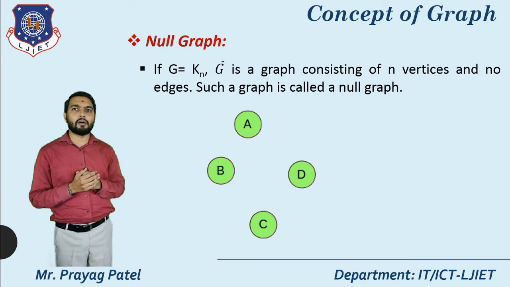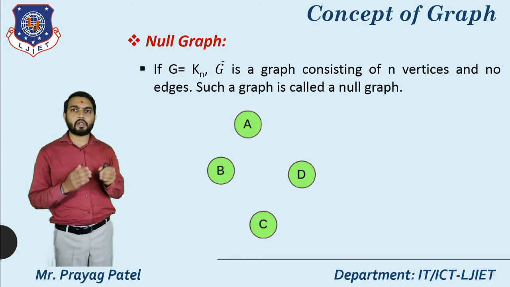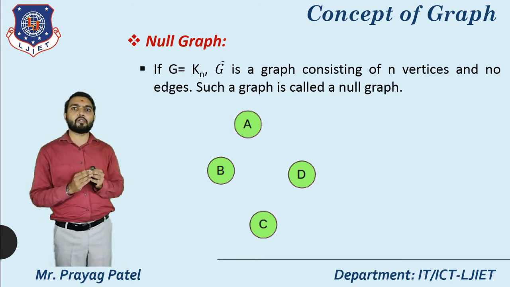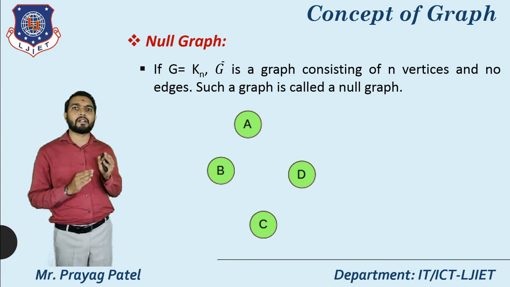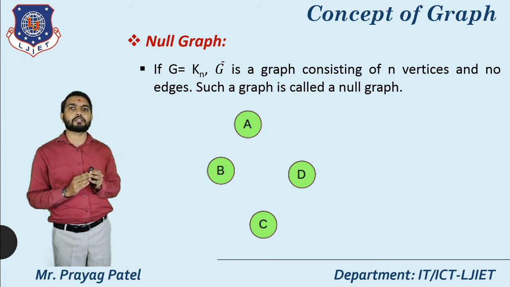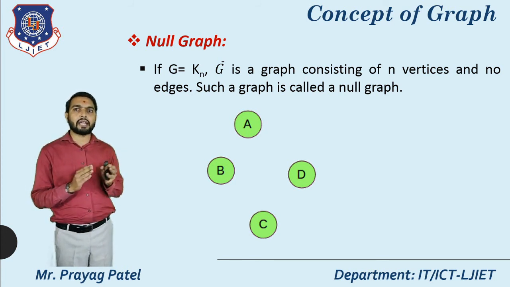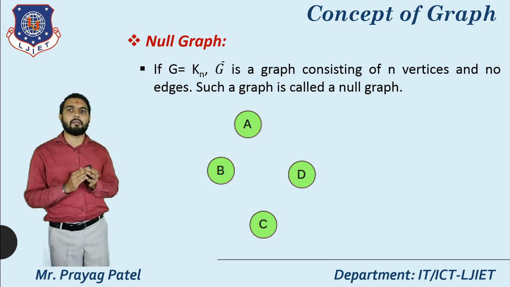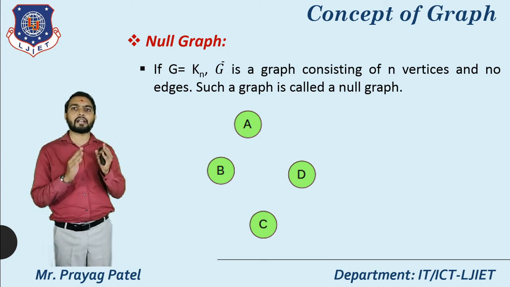Now the last topic of this lecture is the null graph. What is a null graph? If G equal to Kn, then G dash or G bar is a graph consisting of n vertices and no edges. Such a graph is called the null graph. It means that G equal to Kn, the already given graph is a complete graph.